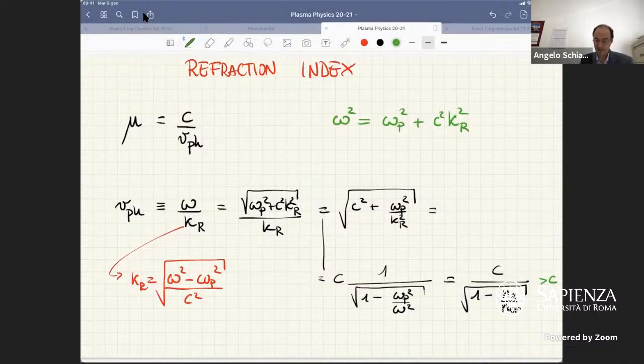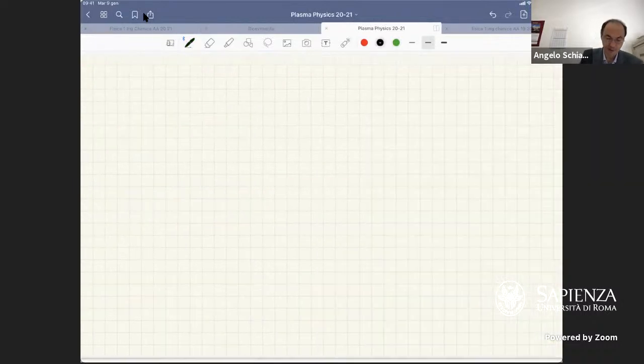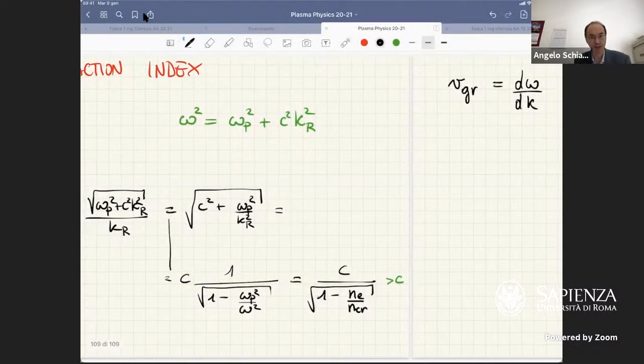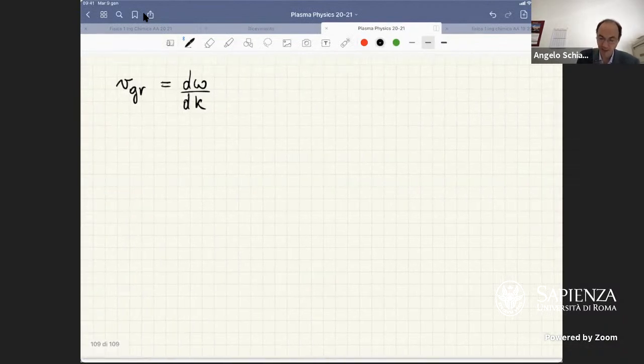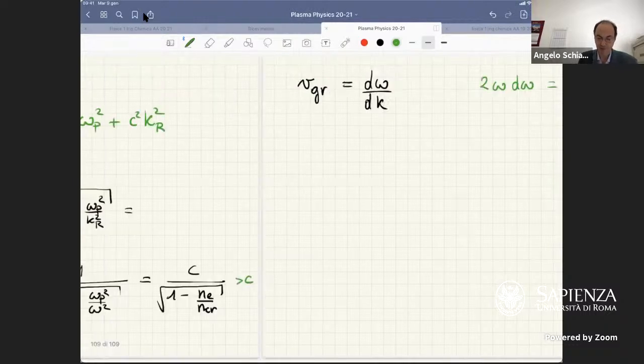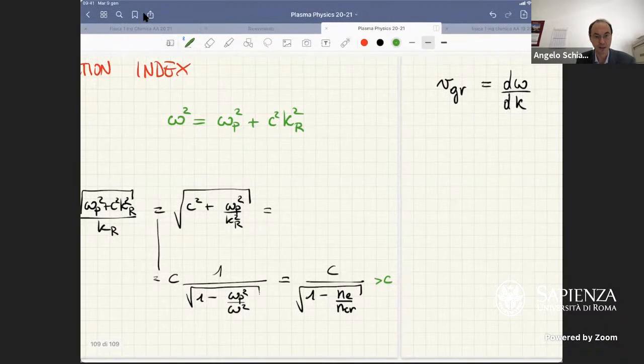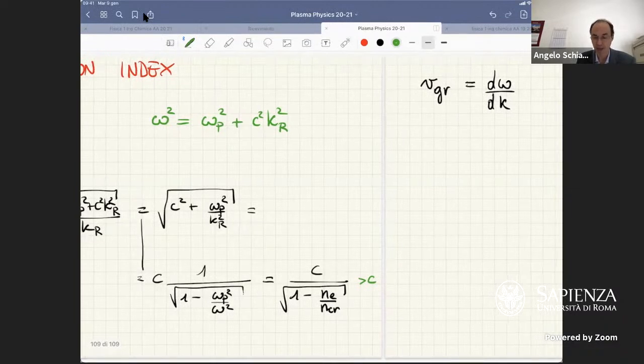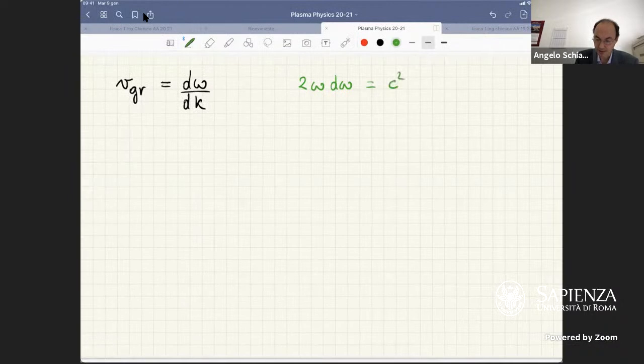Then let's derive the group velocity as well. The group velocity is defined as the derivative of omega with respect to k. So we differentiate the dispersion relation, and we have 2 omega d omega on the left-hand side, and on the right-hand side we differentiate with respect to k, so we get c squared times 2k dk.